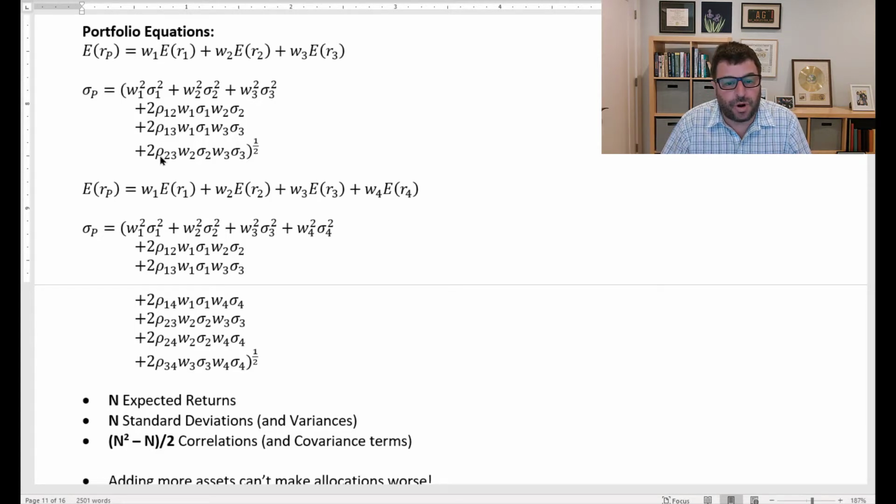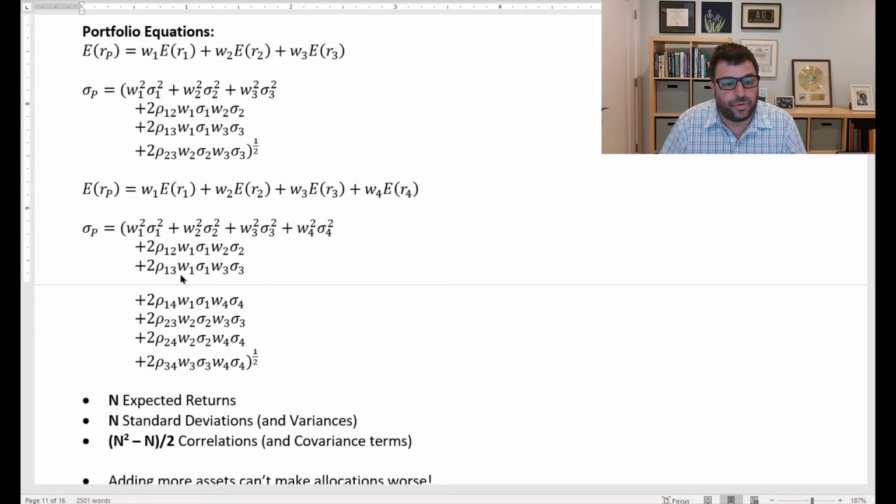When I have 4 assets, I add 1 more term to my portfolio return equation. I add 1 more variance to the first line of my portfolio risk equation, but now instead of having 3 unique cross terms, I now have 6 unique cross terms.